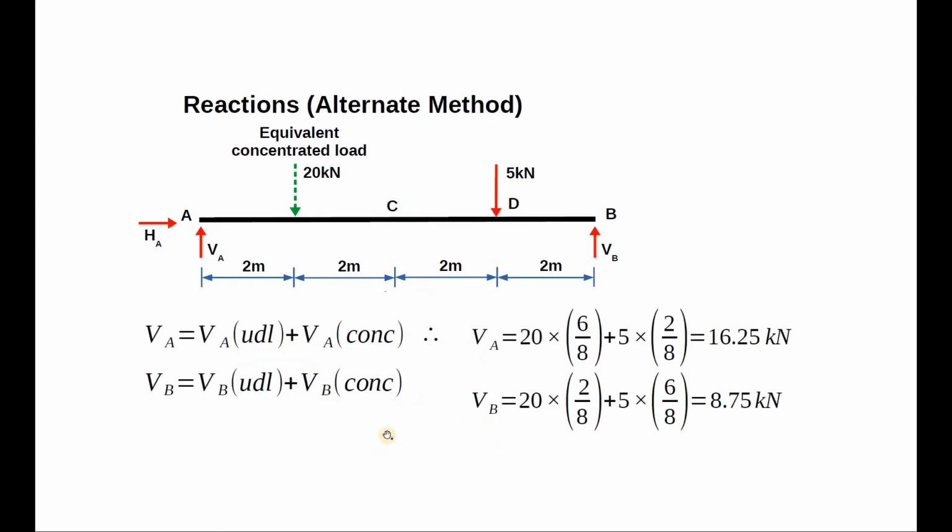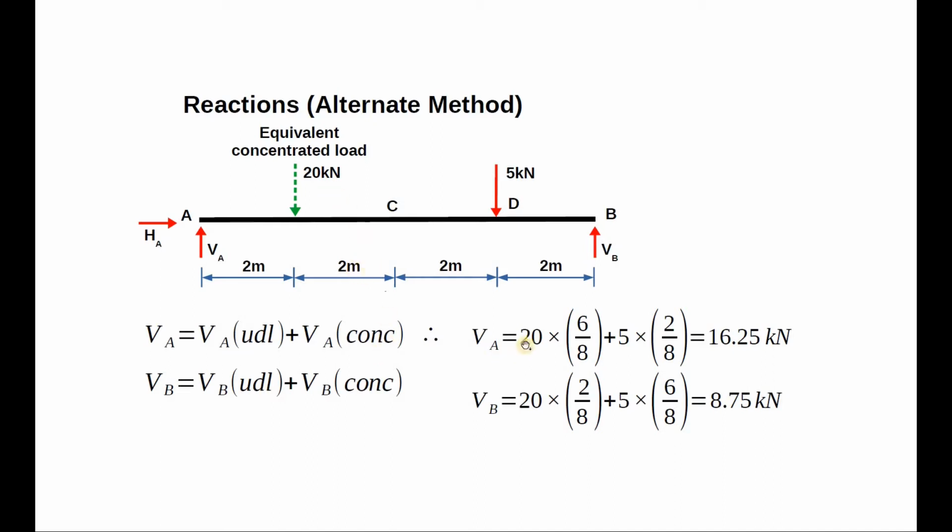Now we can use the principle of superposition. We can take the contribution of each load and find out the reaction only for that load and sum up all the reactions in order to get the total reaction. For example, over here, our total reaction VA is VA due to the uniformly distributed load and VA due to the concentrated load.